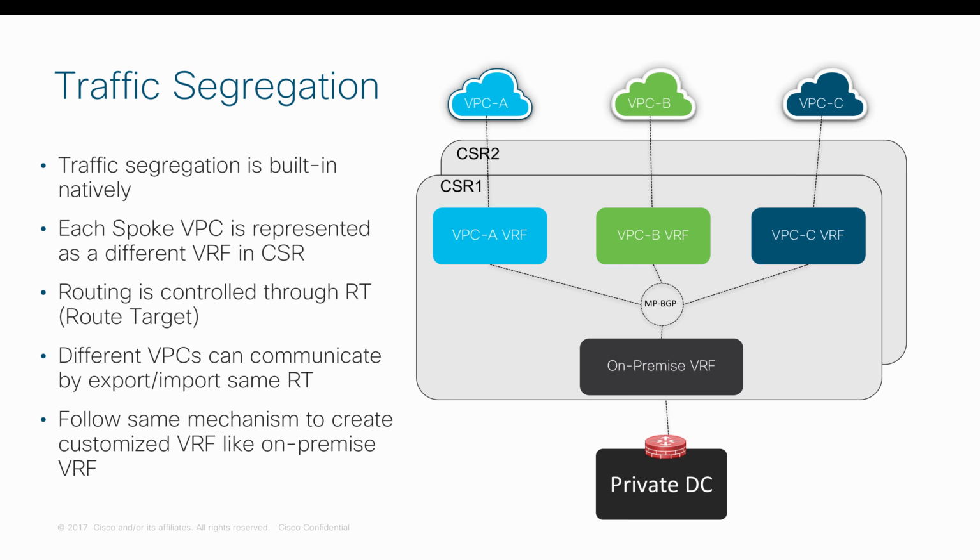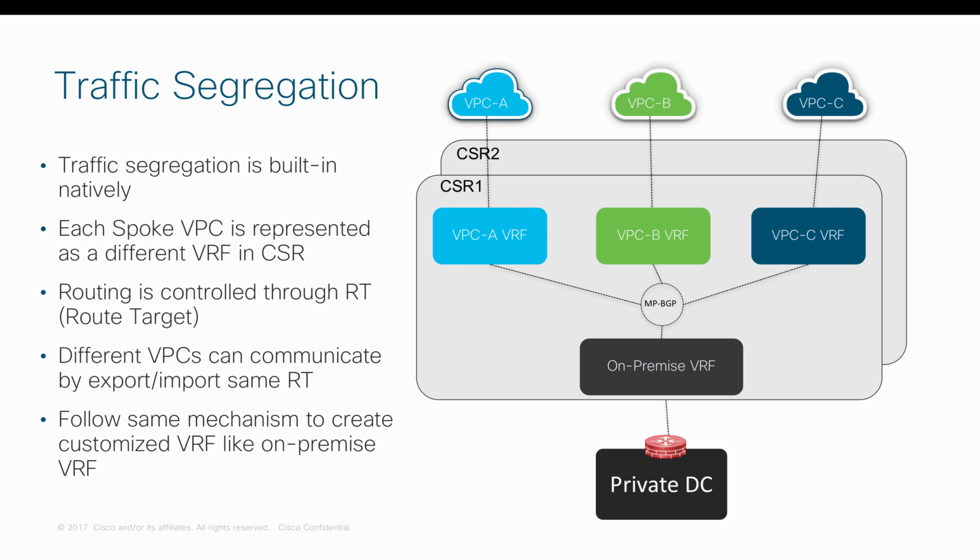And sometimes you just want to connect a partner so they can access your data center, but without having access to your spoke VPC, right? I have a dev VPC running and I have a partner. I just want them to authenticate with the Active Directory in my data center, but I don't want them to access my dev VPC.